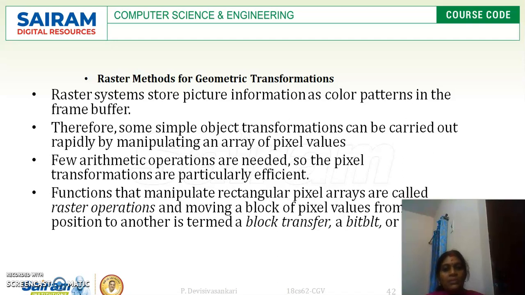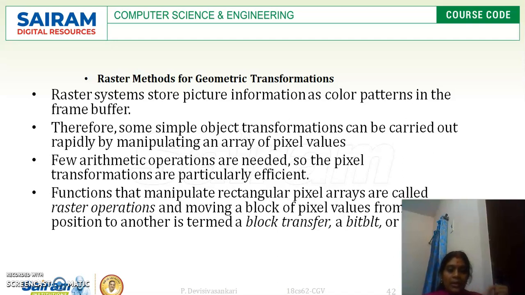Each and every pixel can have different color values. So this raster system is used to store all the picture information in a frame buffer, zeros and ones, right? Sometimes some simple object transformations can be carried out very fast by manipulating the array of pixel values.